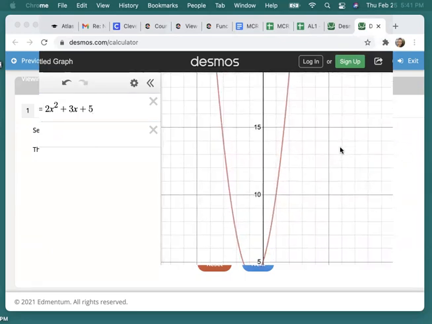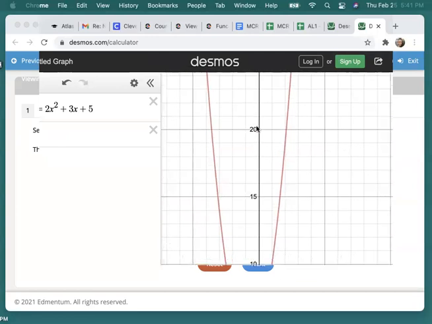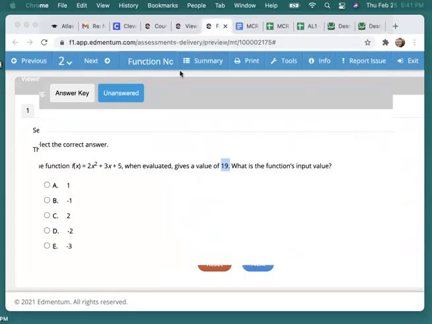So I could zoom out. Here's 20, so 19 is just below it. So at like negative 3.5, 19. So this is one way to solve this problem. Negative 3.5, 19 is a point on the graph.